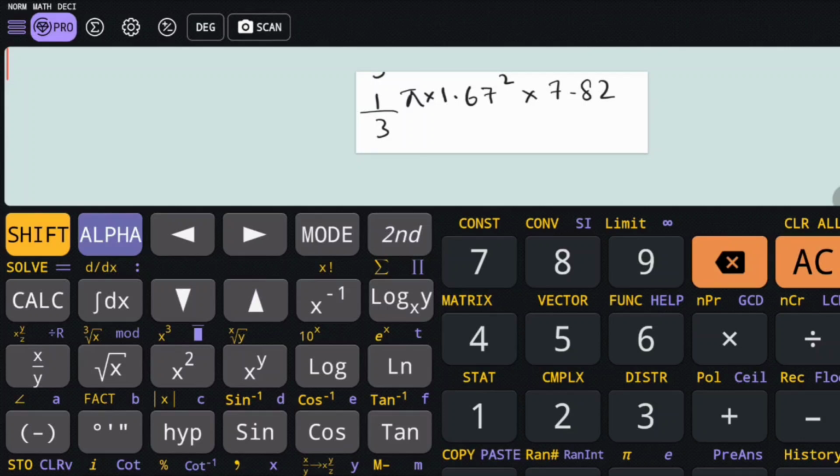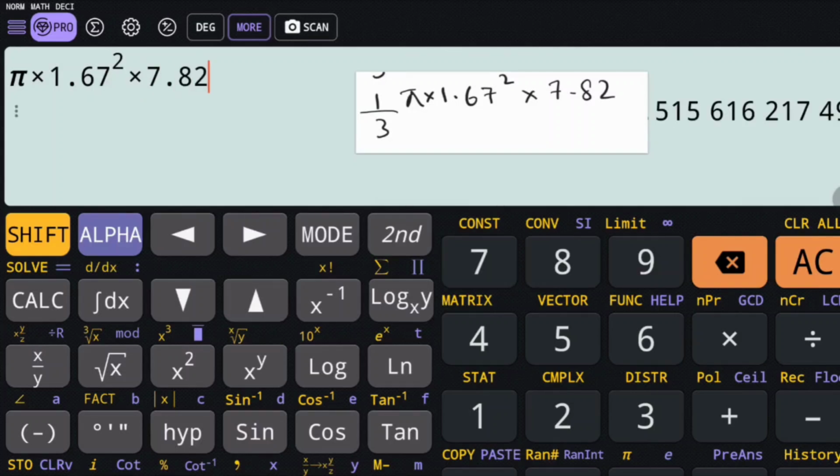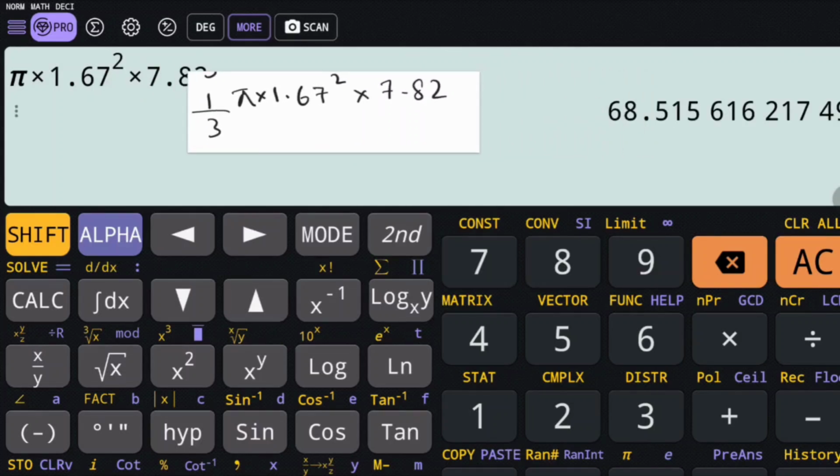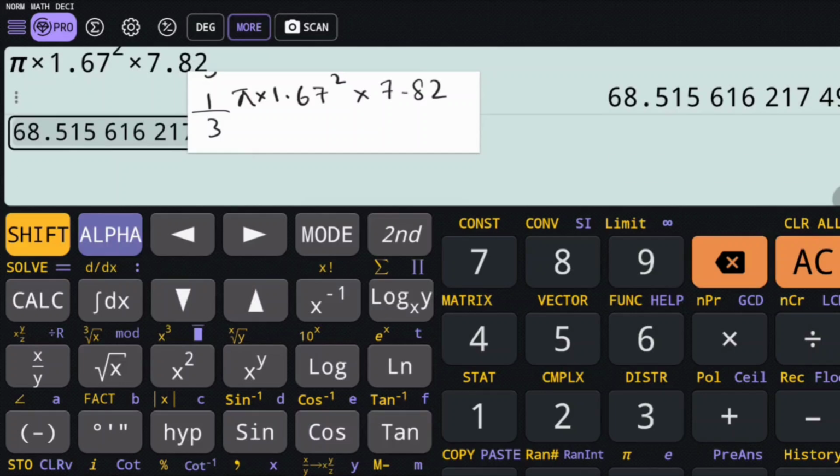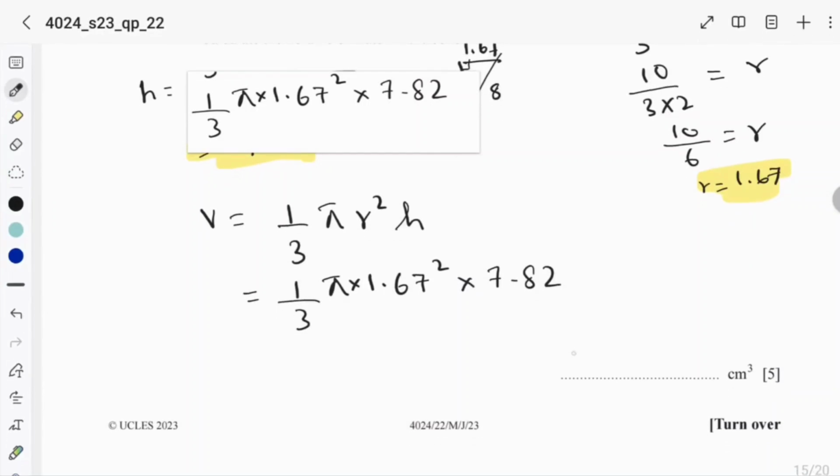Shift pi into 1.67 squared into 7.82, and this answer will be divided by 3. 22.83 means 22.8 centimeters cubed, because it's a volume.